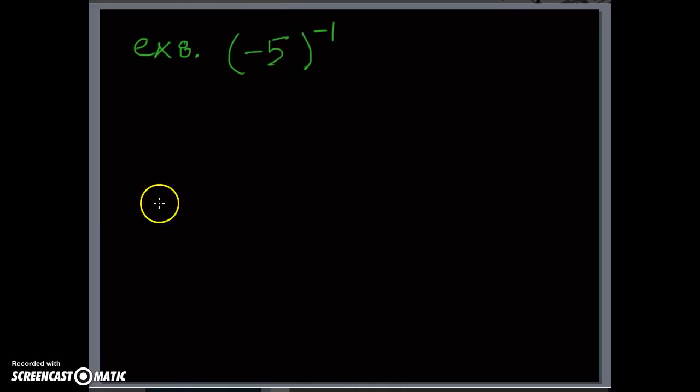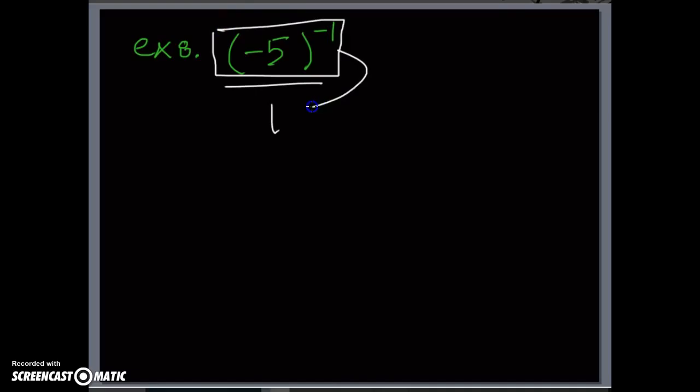So here I can draw the fraction line because it doesn't exist. So I can put it over 1. Now I can go ahead and box the base and the exponent. I'm going to move it into the denominator. So now I have negative 5 to the positive 1st power, and that is all under 1. Now, negative 5 to the 1st power is just negative 5 over 1.